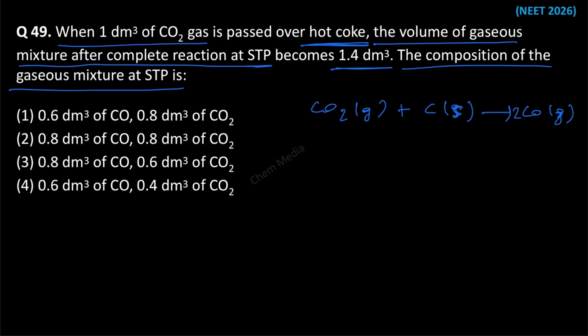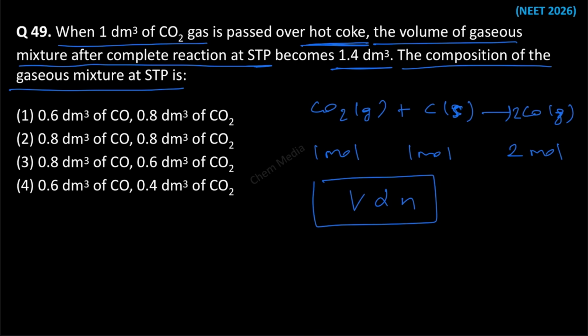So if we multiply carbon monoxide by 2, then we can balance the equation. This means when we have 1 mole of CO2 and 1 mole of carbon, we should get 2 moles of CO. That's the stoichiometry. Here, volume ratio is equal to mole ratio.